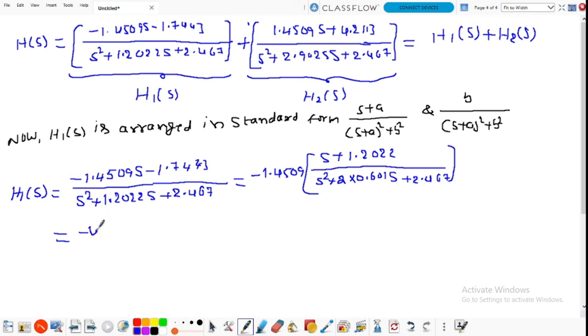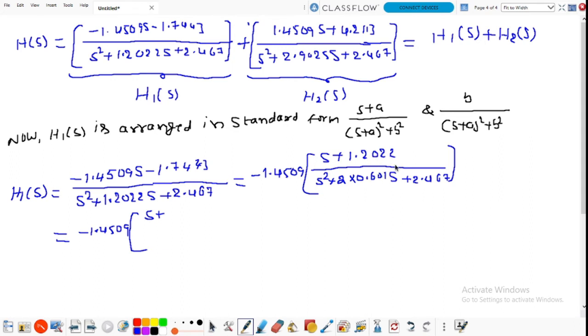So we get minus 1.4509 into the numerator: now what is the A value? 0.601.